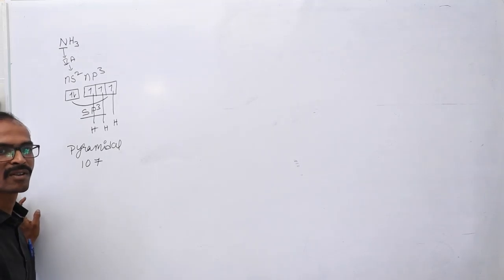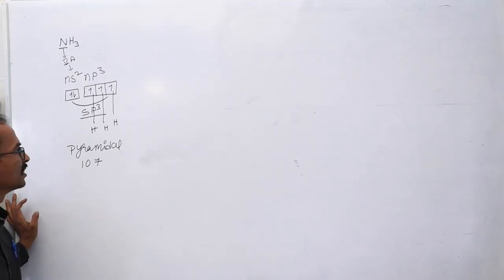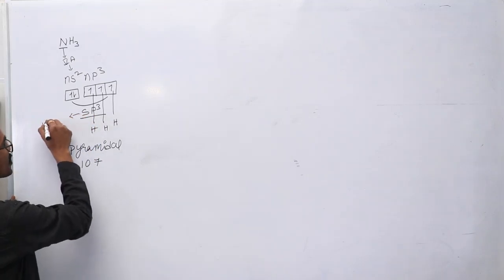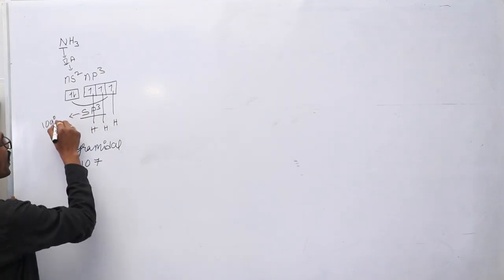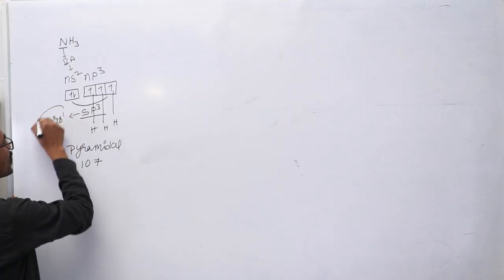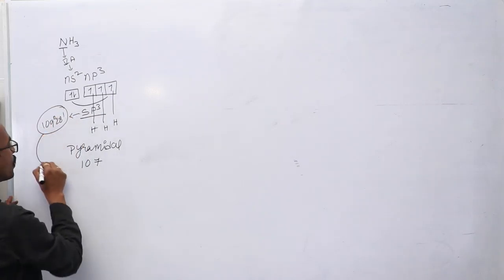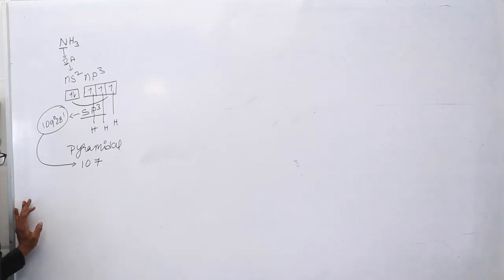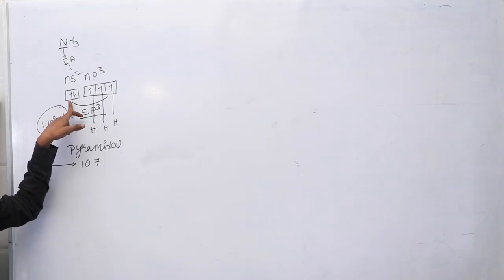How much bond angle will be there? 107 degrees. Actually, if sp3 hybridization takes place, the bond angle should be 109 degrees 28 minutes. But in ammonia molecule, the bond angle is reduced from 109 degrees to 107 degrees. That is because of the presence of this lone pair of electrons on the nitrogen atom.